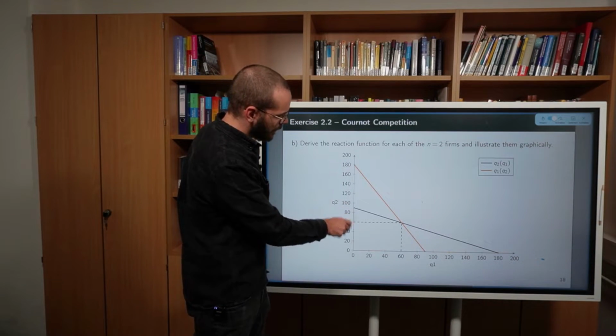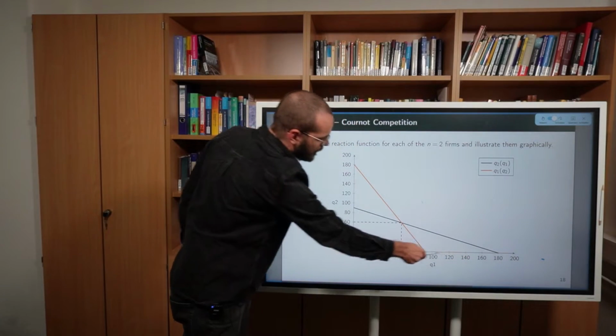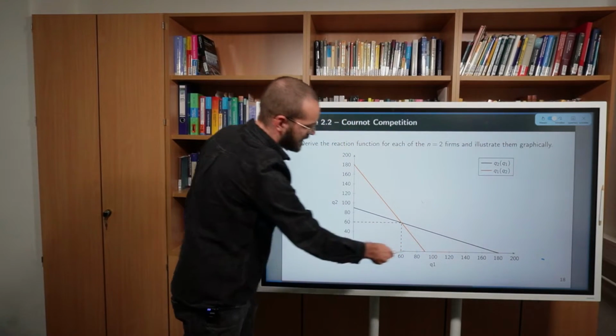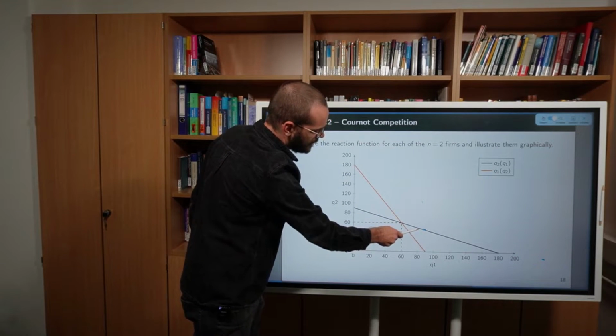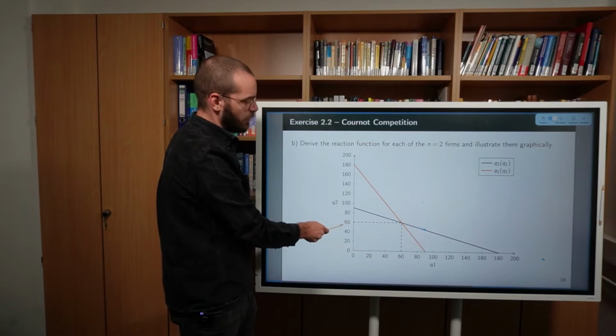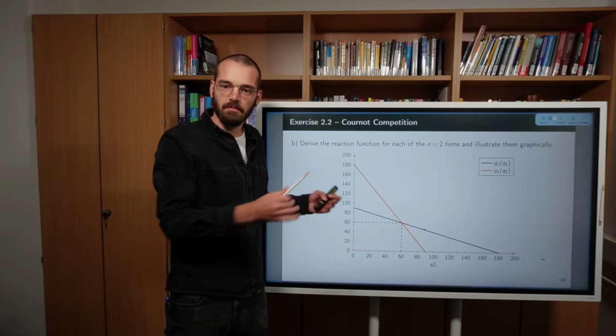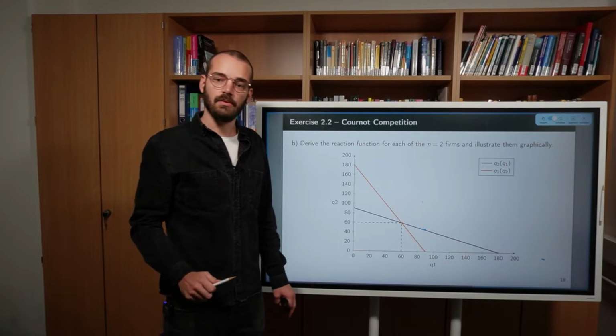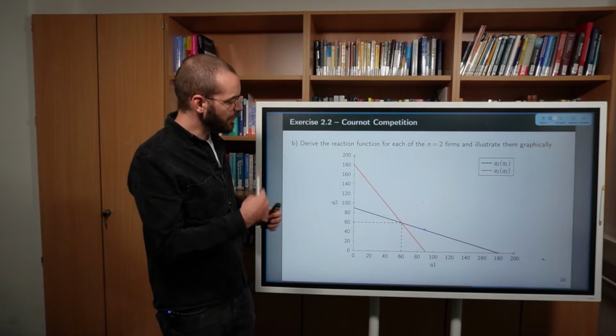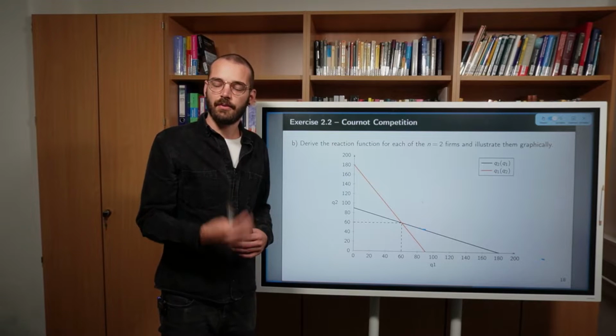What you can read is, for any quantity Q1 on the horizontal axis, this dark function provides the profit maximizing quantity of firm 2. For any feasible quantity that firm 1 can produce, this function provides the profit maximizing response of firm 2.